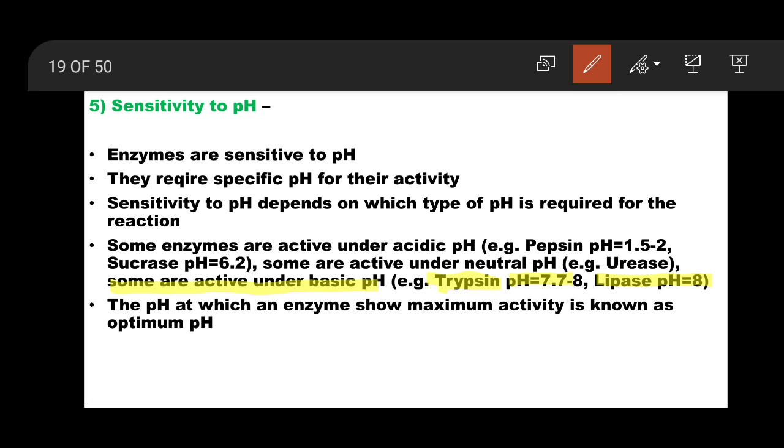Lipase, for breakdown of lipids, requires a pH of 8 or above. The pH at which an enzyme shows maximum activity, जिस pH पर enzyme maximum activity दिखाता है, उसको optimum pH कहते हैं. These are some very simple things.